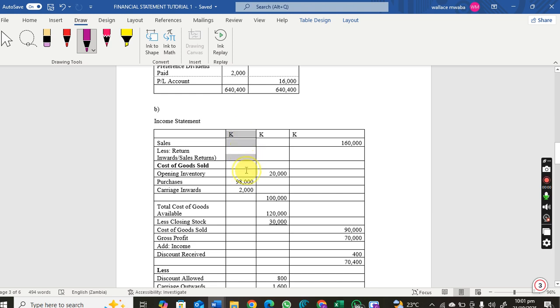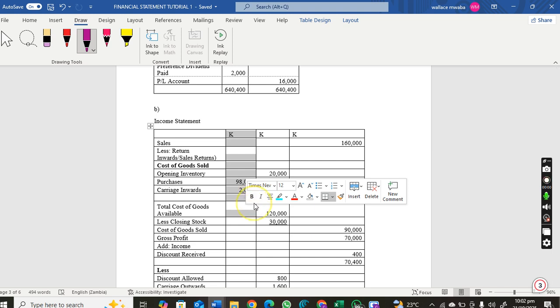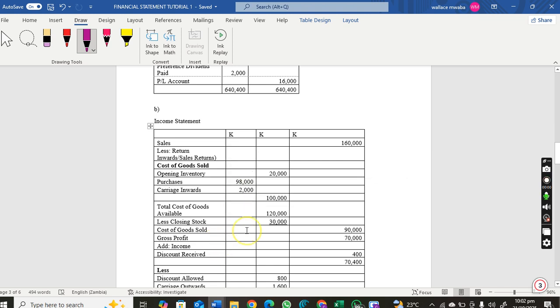This first column, you only see it when you're making adjustments for purchases. From then on, it will just be the second and third. Just think of the first two as the ones for adjustments, and the other one for grand totals. So we add our carriage inwards to our purchases to get our total purchases expense.